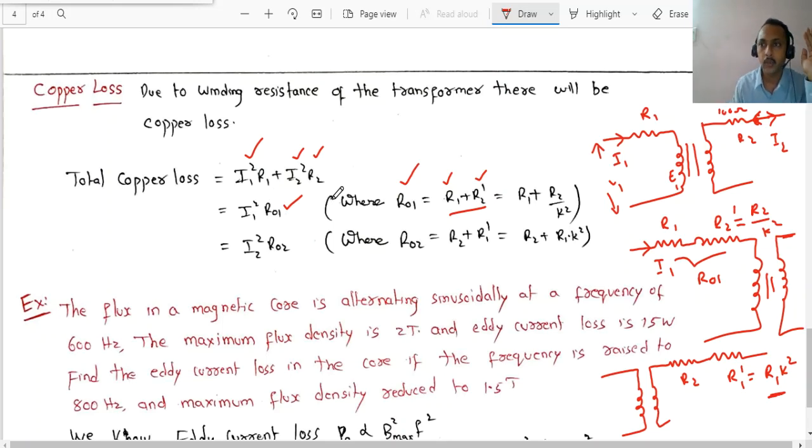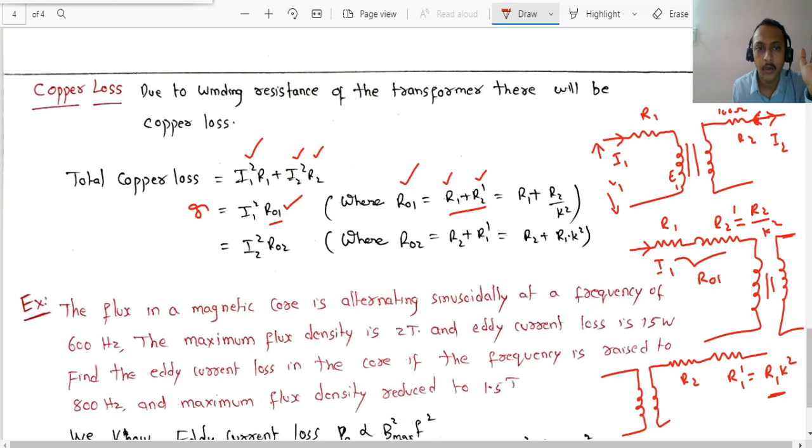So dear students, copper losses I1 square R1 plus I2 square R2, or I1 square R01. Don't get confused with this word R01. R01 simply indicates effective or equivalent resistance referred to primary. Now it is equal to R1 plus R2 dash, and R2 dash equals R2 by K square.